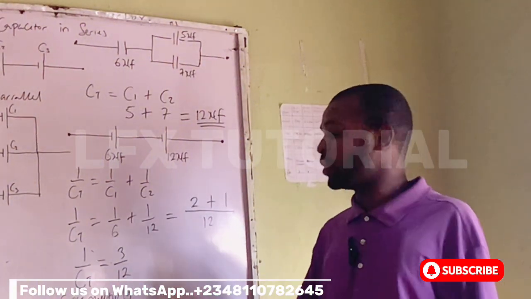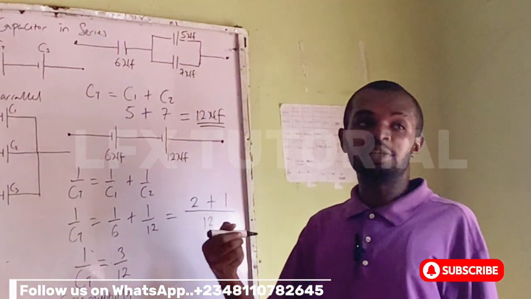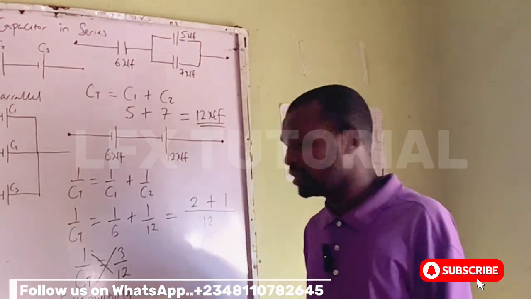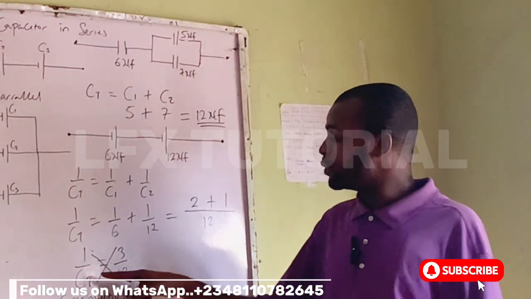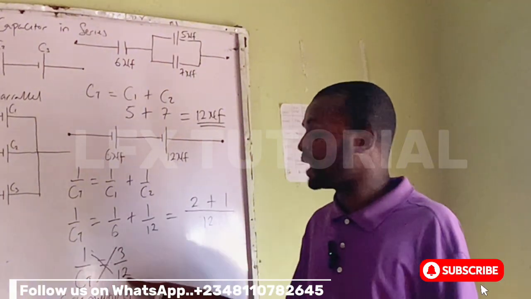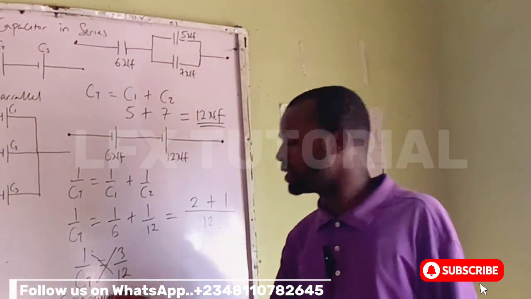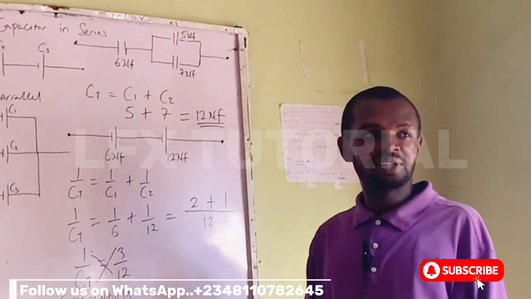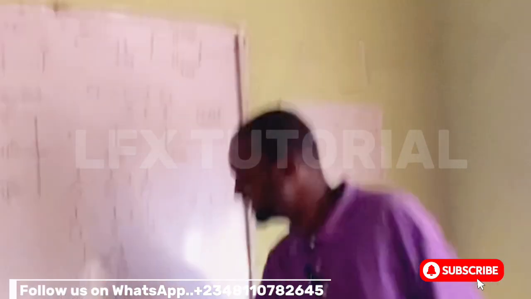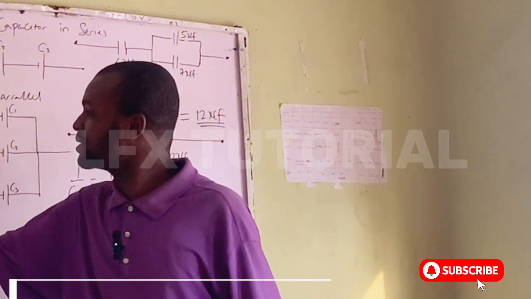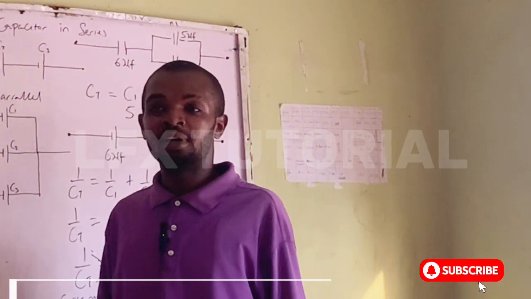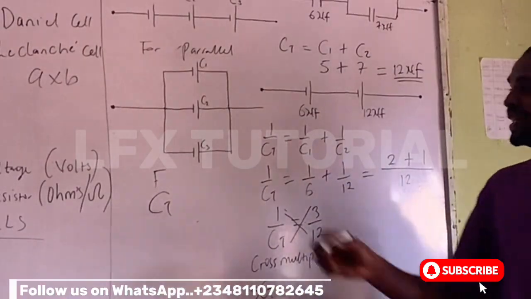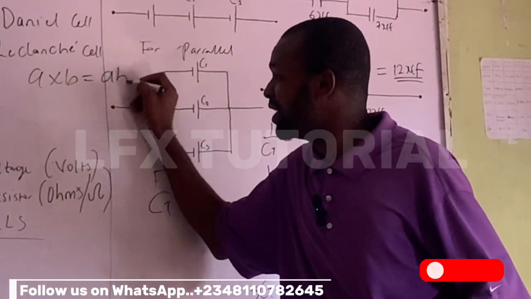Cross multiply. CT with times 3, 1 with times 12. What is CT times 3? You are doing very well. What is A times B? And what is B times A? A times B is AB.